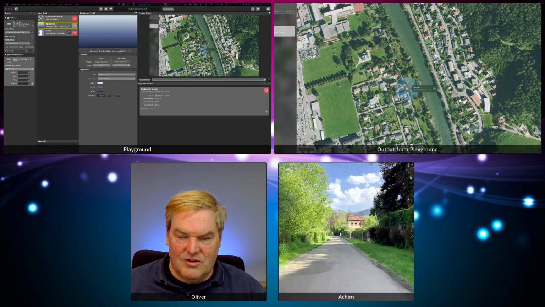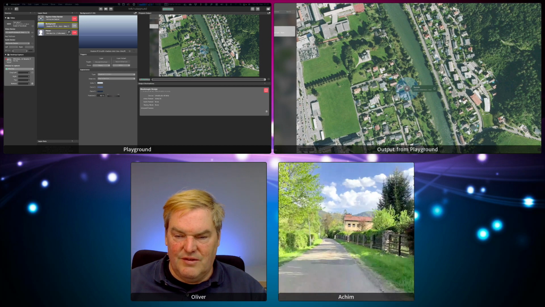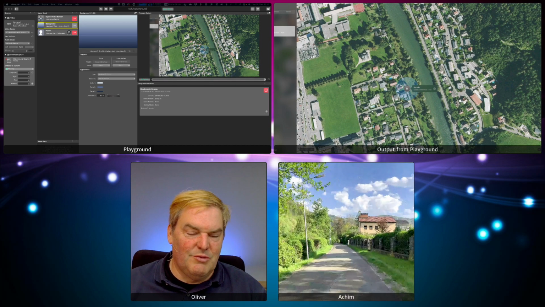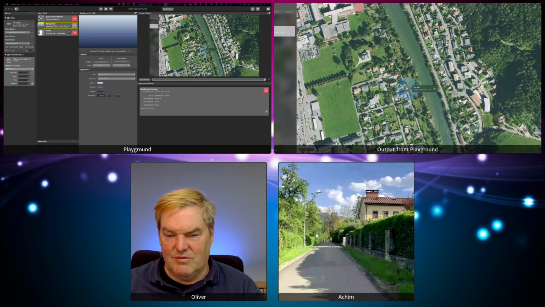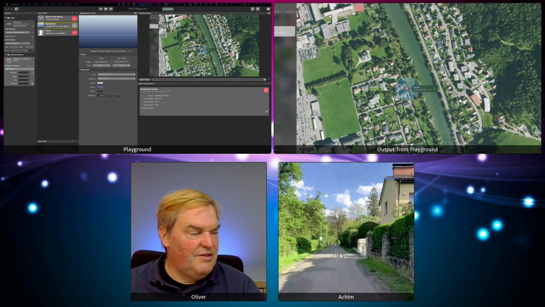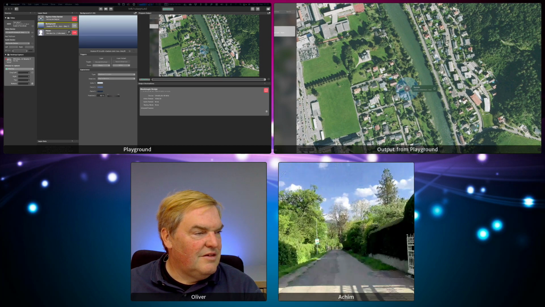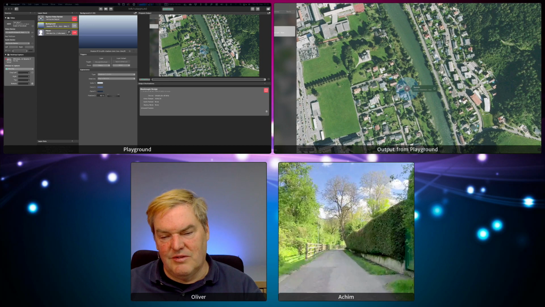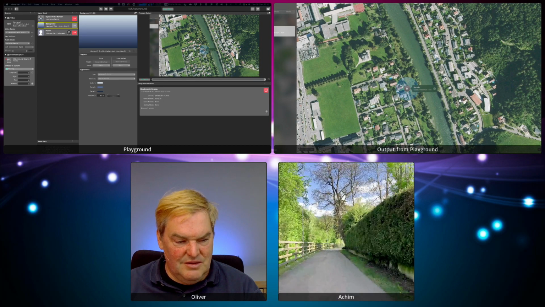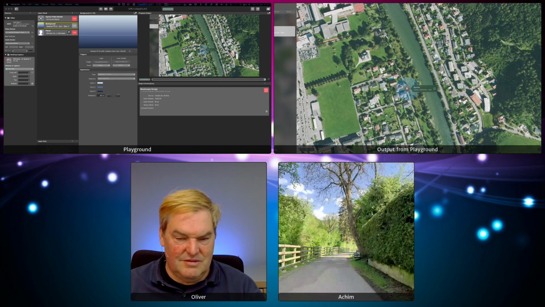Yeah, it's good enough. And if we would do this for real, we would use a gimbal, so it would even out the shaking. Well, the iPhone should also be able to add some anti-shaking, right?